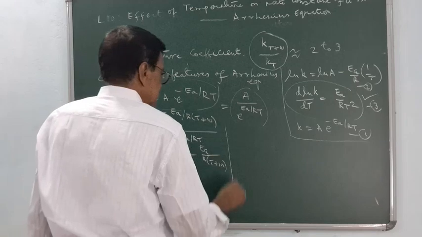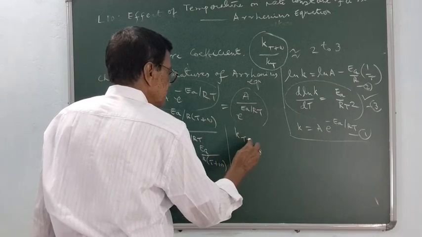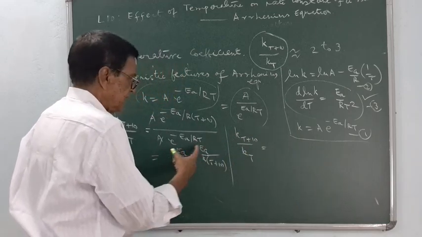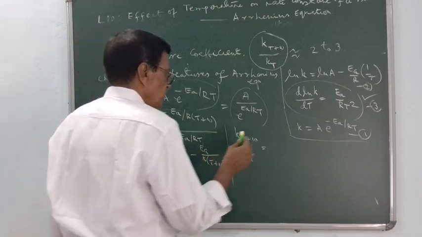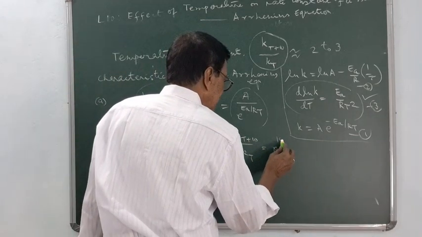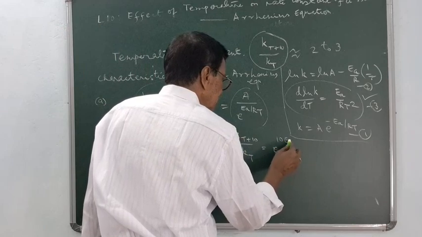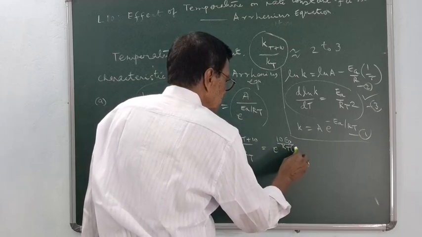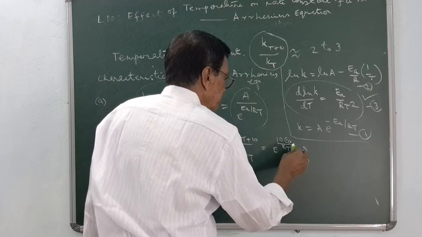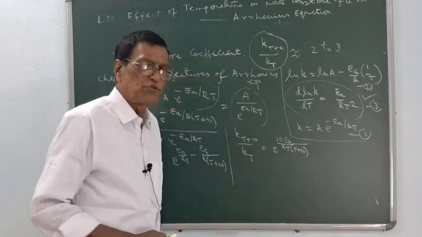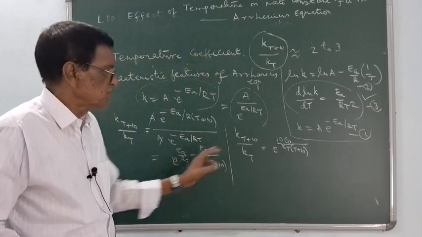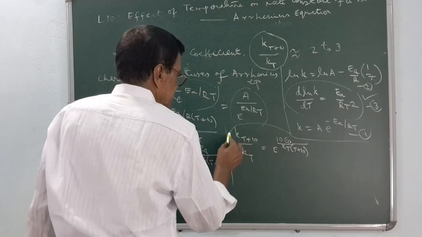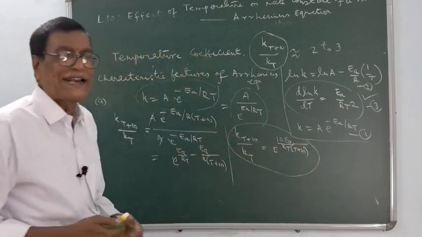So this temperature coefficient K(T+10) divided by K(T) becomes e to the power 10 Ea divided by RT into (T+10). I do not show elaborately this process from this to this, you can do it yourself. So this is the expression of this temperature coefficient in terms of this activation energy.